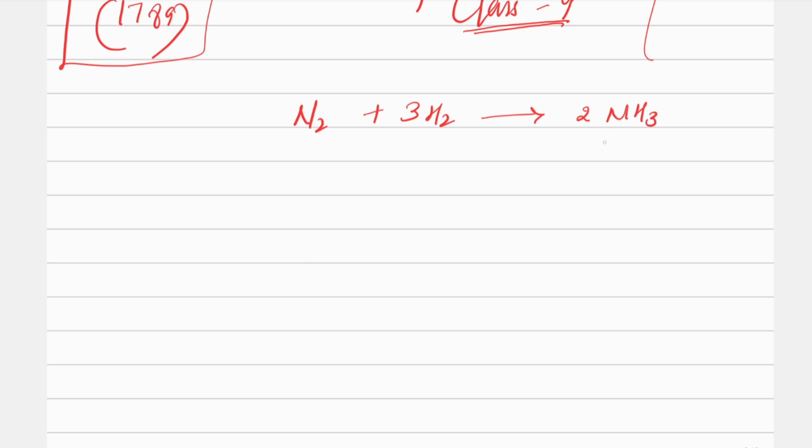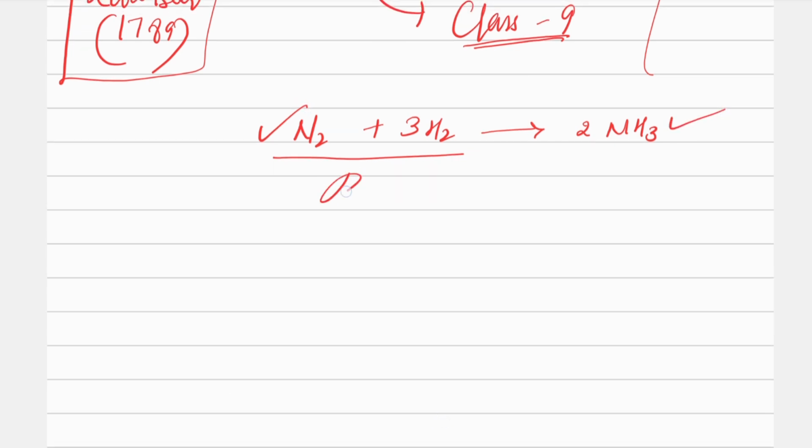They have to be balanced, meaning an equal number of atoms on both sides of a reaction, meaning reactants should have an equal number of atoms of the same type. Like nitrogen, there is 2, here it is also 2. There is hydrogen, 3 into 2 is 6, and over here 2 into 3 is 6.